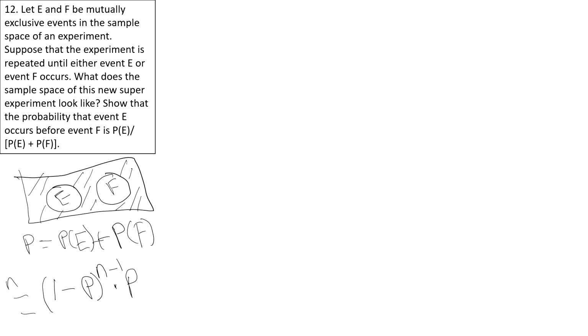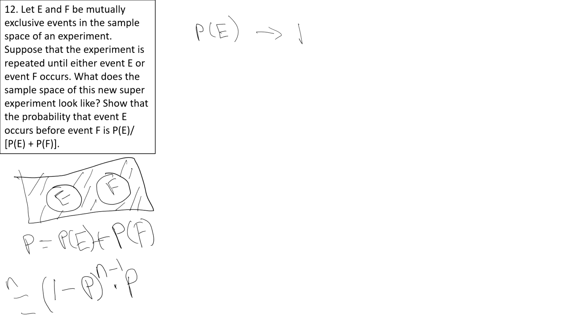Now, since the sample space idea is clear, let's see what is given: what is the probability that event E occurs before F? If E appears, then the experiment will terminate. So in what scenario does E come first before F?